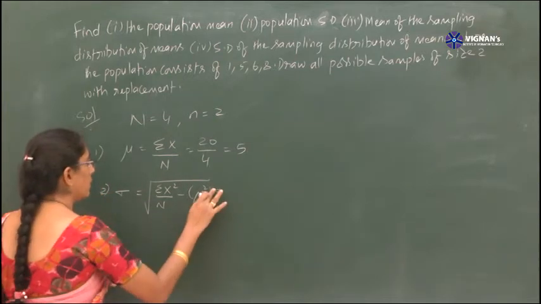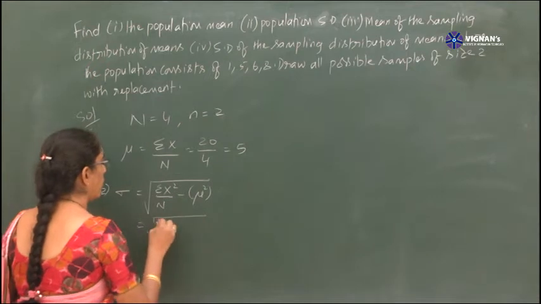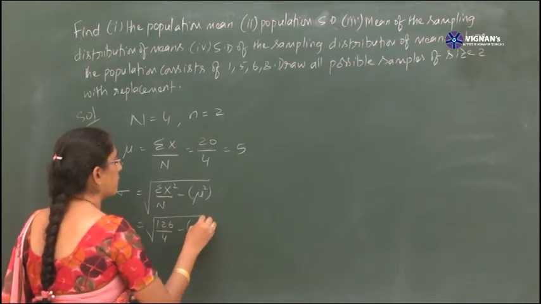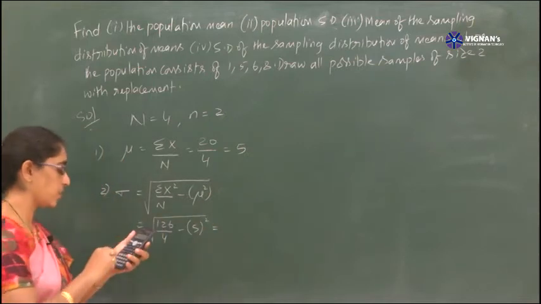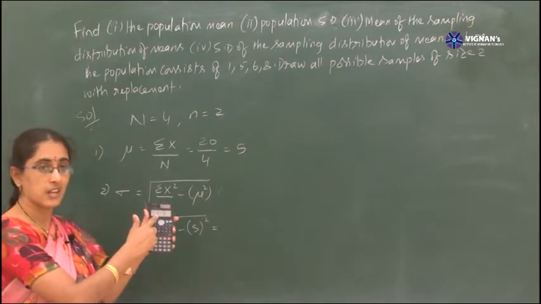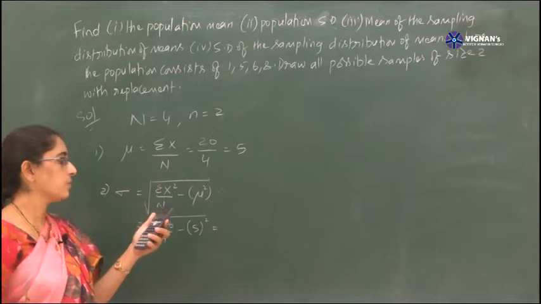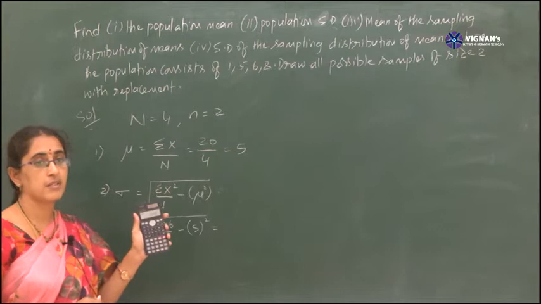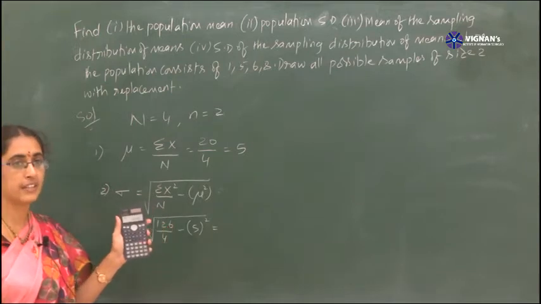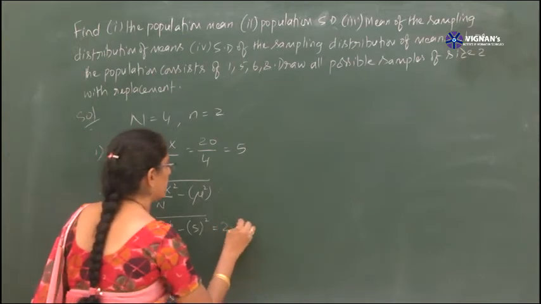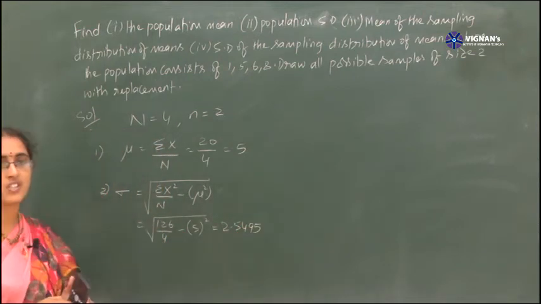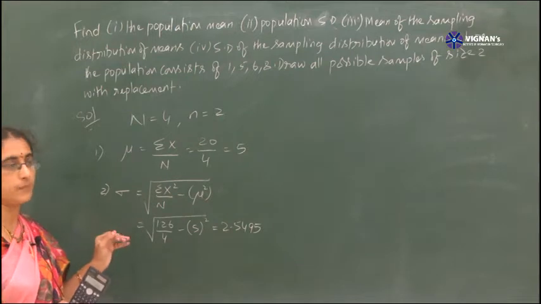So square root of 126 by 4 minus the mean 5 square. Now press shift 2, second option, standard deviation equal to. Fix your calculator to 4 digits after decimal, so it is 2.5495. That is the standard deviation of the population.